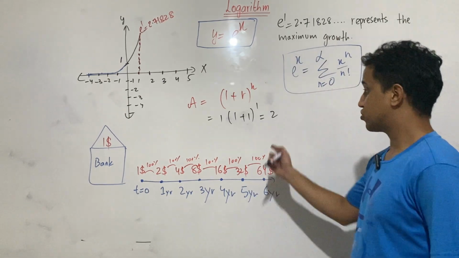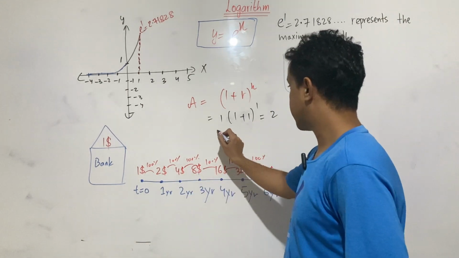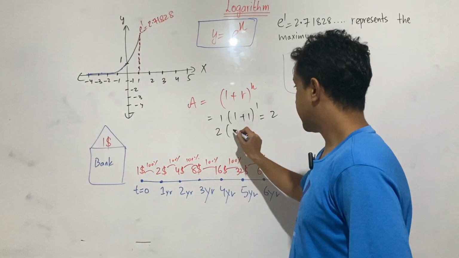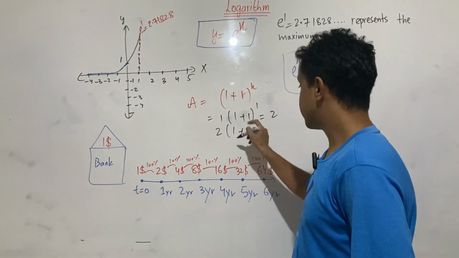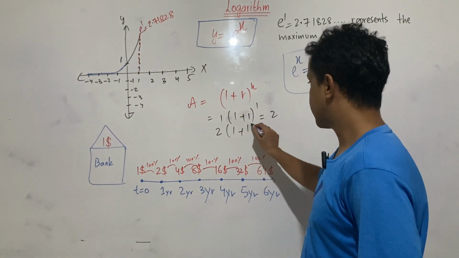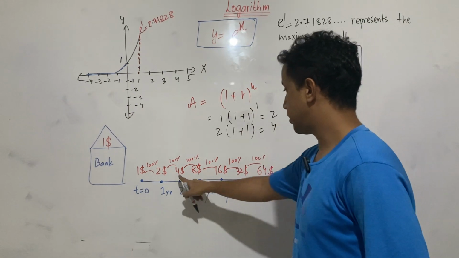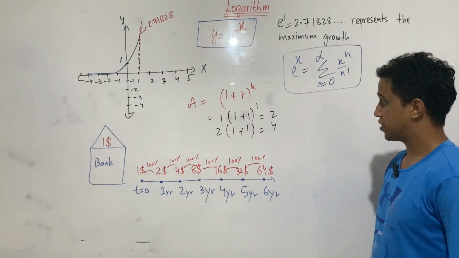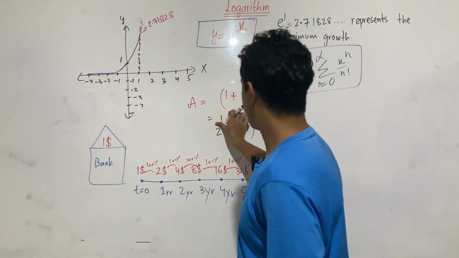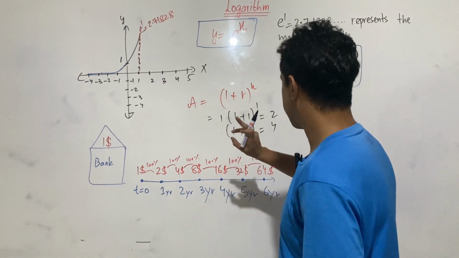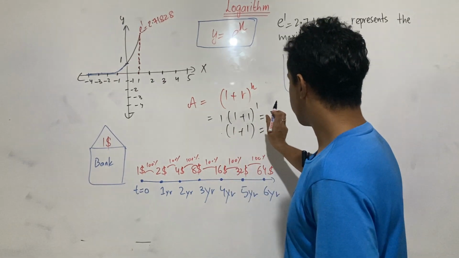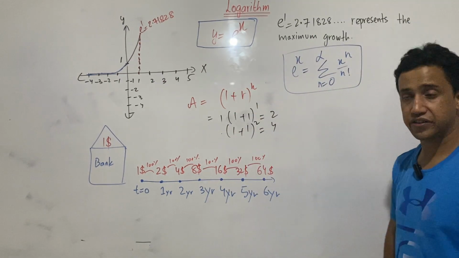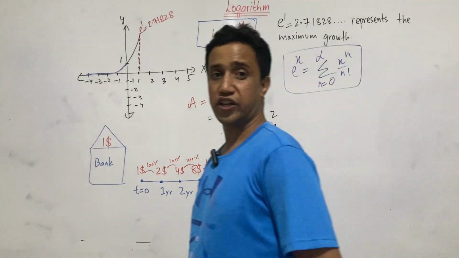Same thing: this year here becomes 2 as the principal amount, and here it is 1 plus 1, so it's going to be 4 after 2 years. Or if you don't want to do that, you can just put 2 years, and it's going to be 4.